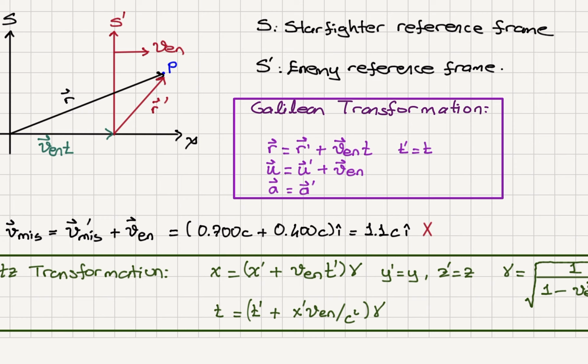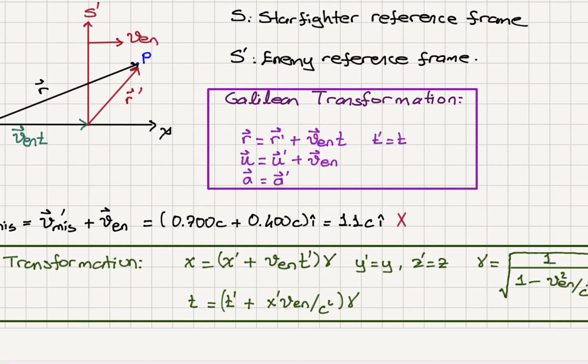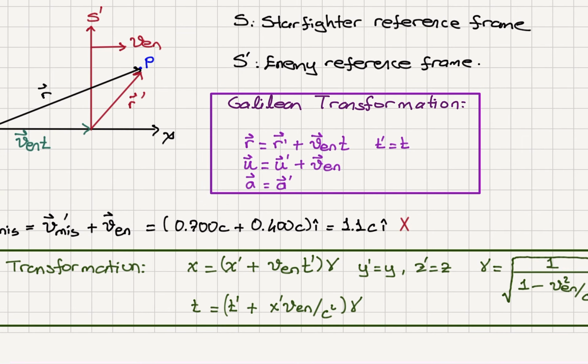And x component is x prime plus v enemy times t prime, so everything is primed on the right side, unprimed on the left side, multiplied by gamma, relativistic correction factor, which is square root of 1 over 1 minus relative speed of the two reference frames squared divided by c squared. And time also is transformed. t is equal to t prime plus x prime v enemy divided by c squared, times gamma.